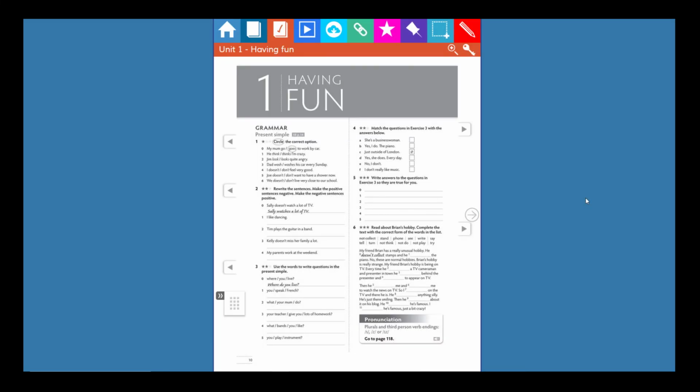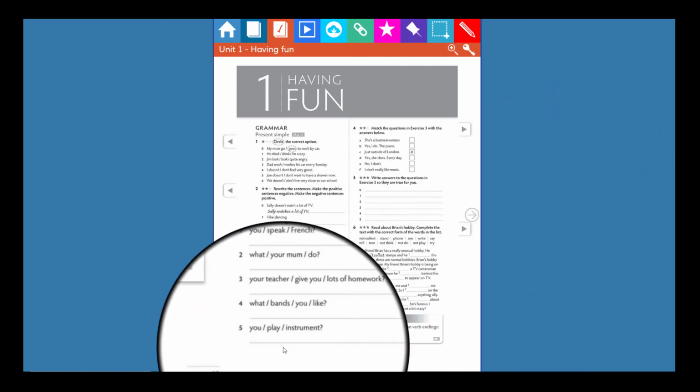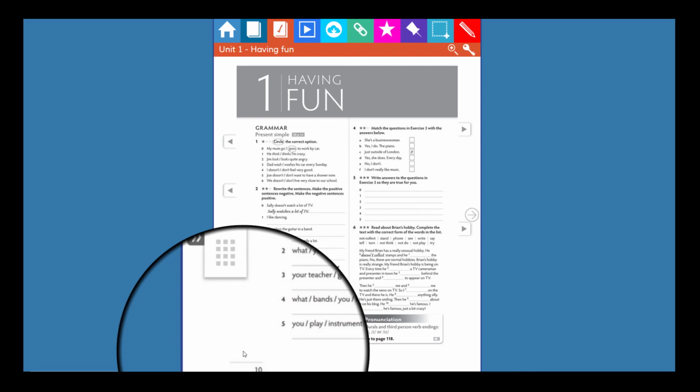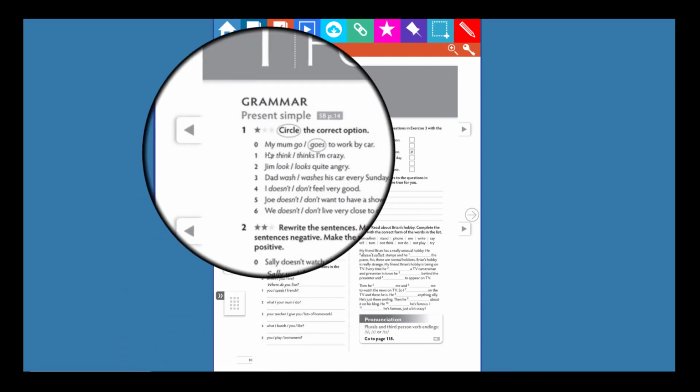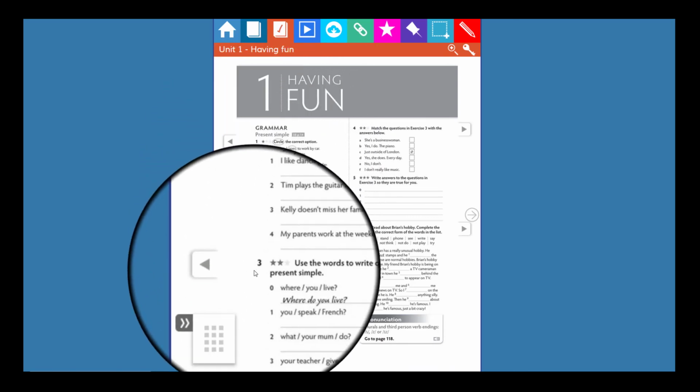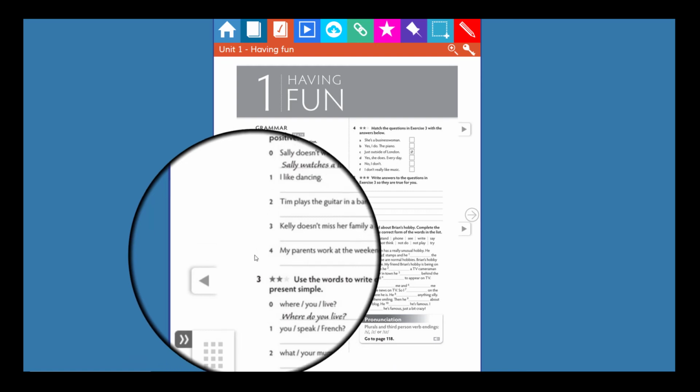So now let's check the homework, because you have homework this week. Pay attention. You have to open your workbooks on page number 10. Page number 10, please. And you have to do activity number 1, 2, and 3. Let's check each one.